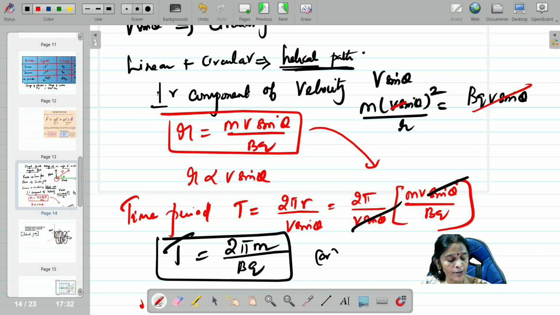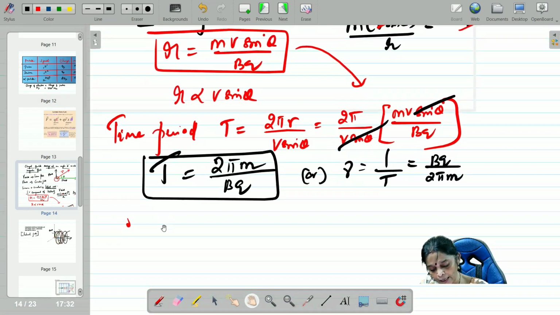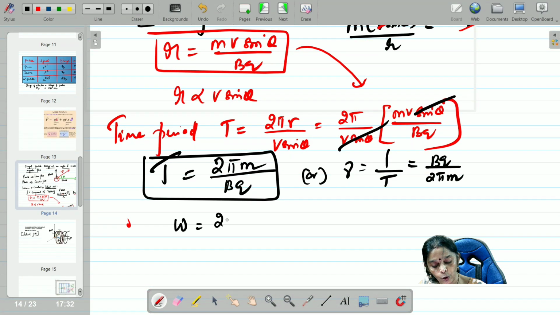Or you can say that frequency is equal to B q by 2 pi m, because frequency is 1 by time period, which is equal to B q by 2 pi m, which is independent of velocity. Or you can also write omega is equal to 2 pi nu. Last year in class 11 we learned the same thing, children. 2 pi nu, which is equal to 2 pi into B q by 2 pi m.